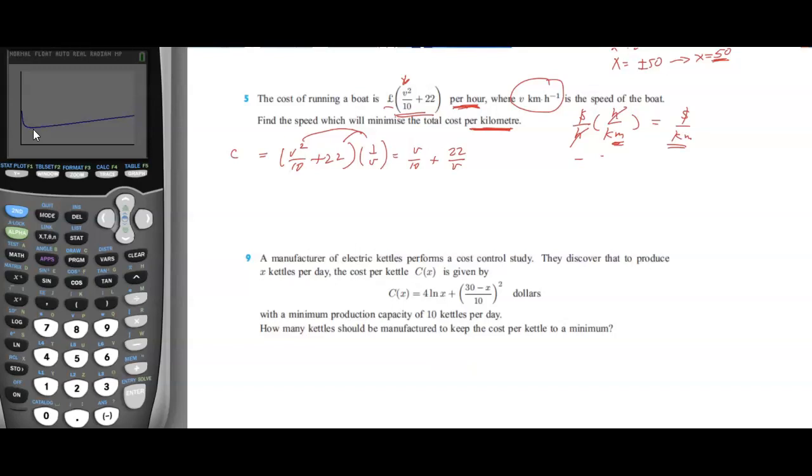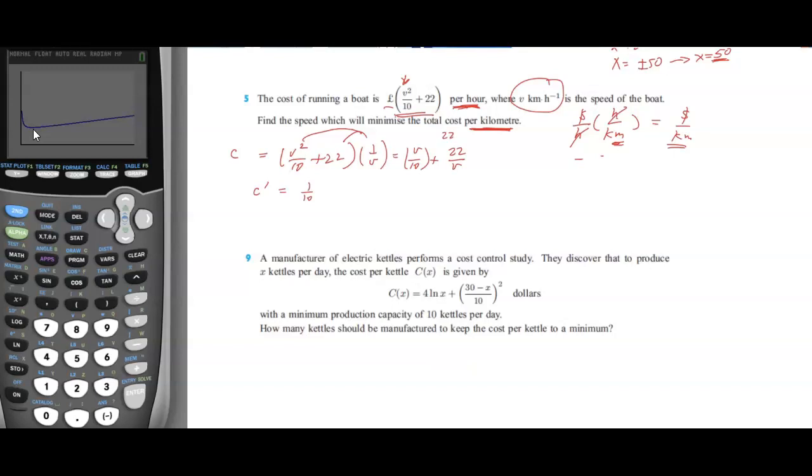Okay, and then we want to find the speed, which minimizes the total cost per kilometer. So we're going to take the derivative of the c function. And that means the derivative of v over 10, which is the same thing as 1/10 v, right? So when you take the derivative of the cost function with respect to velocity, you would just leave 1/10, because 1/10 v, you would just remove the v, right?